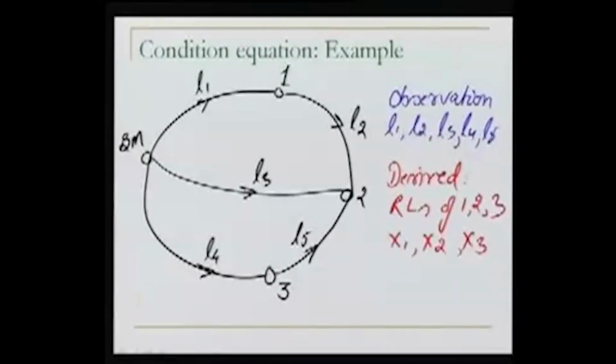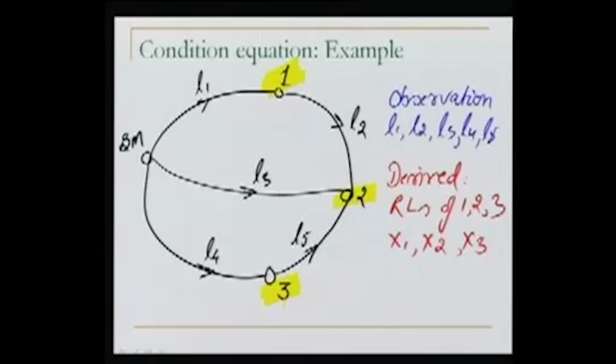I am taking one example here. Again, the example is the same. Starting from a benchmark, we are carrying out the levelling in order to determine the RLs of various points. Let us say the points for which we need to determine the RLs are point number 1, point number 2, and point number 3.